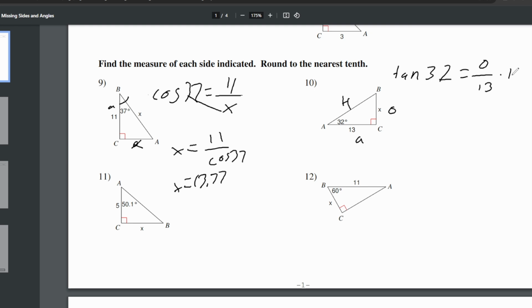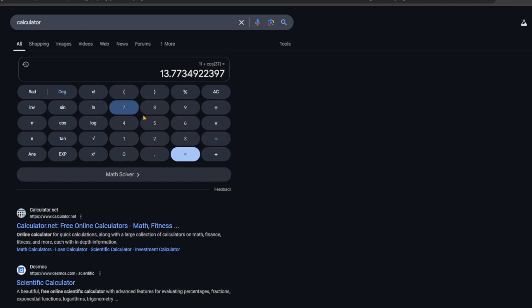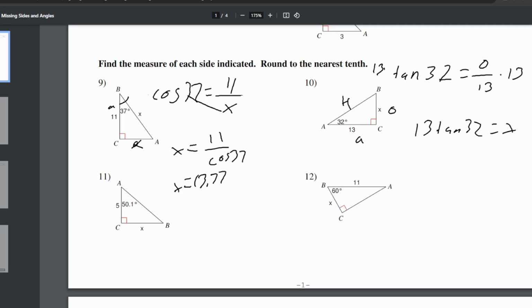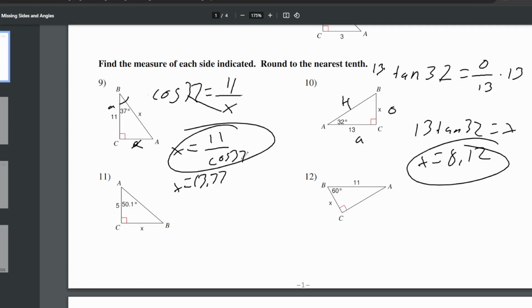This one, just multiply, and that's one step. 13 tangent 32 equals our x value. So 13 times tangent of 32 would give you 8.123, or 8.12. Easy, simple.